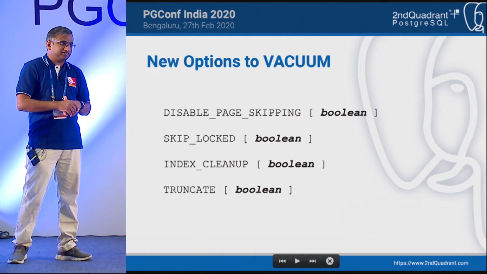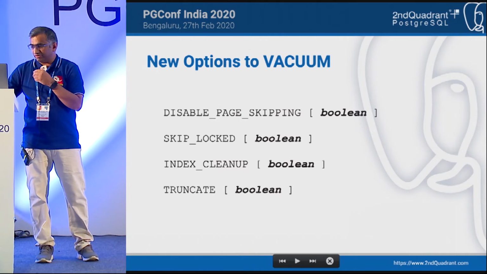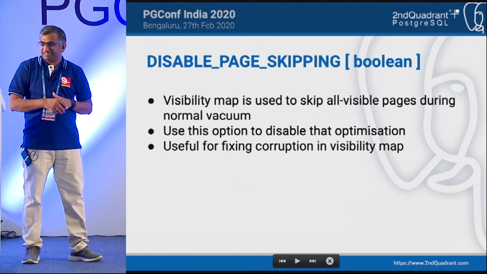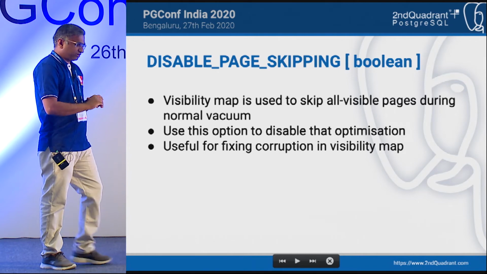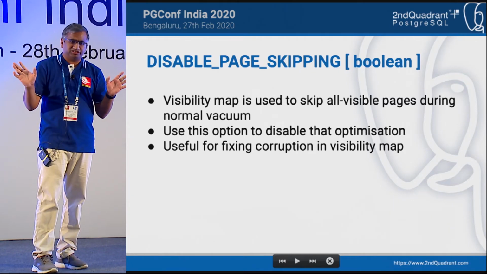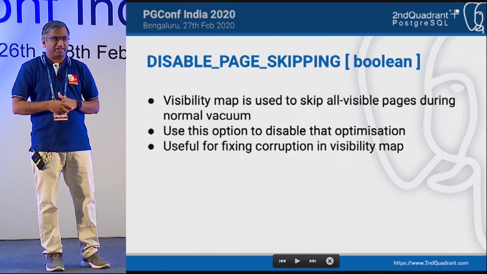A few more interesting options have been added to vacuum in PG12, and I want to talk about them because these are newer ones. The first is disable page skipping. We talked about the visibility map and freeze map, which are great additions to enhance the speed of vacuum.